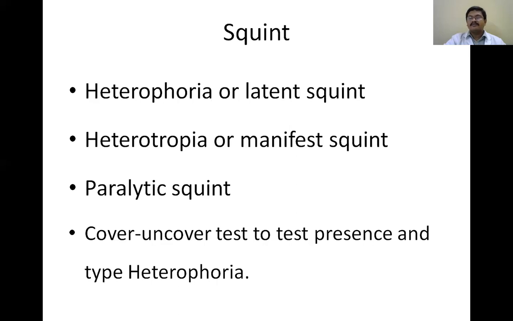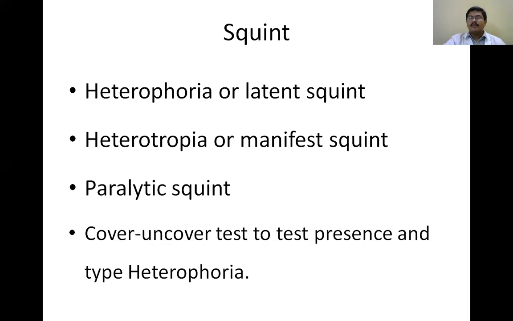That is most commonly heterophoria, the latent squint. Normally, because of accommodation and other reflexes, you don't appreciate the latent squint. But in heterotropia, the manifest squint, you can easily appreciate it. In the paralytic type, whenever you have a palsy of a particular group of extraocular muscles, it will produce a squint.